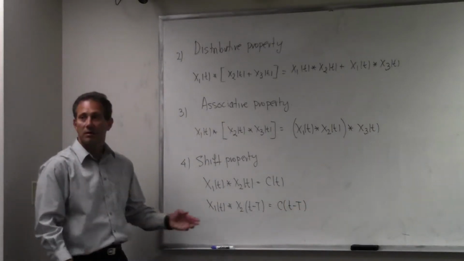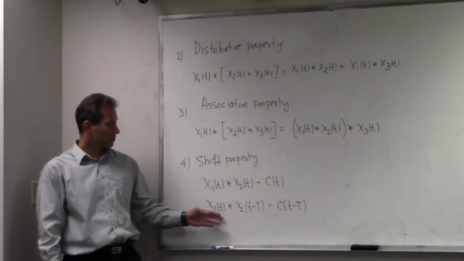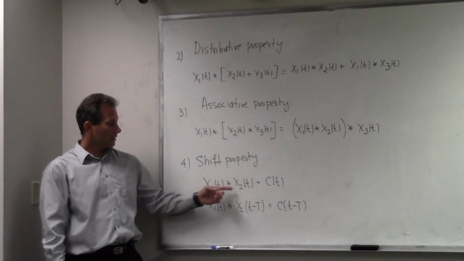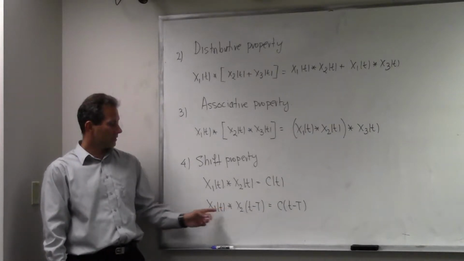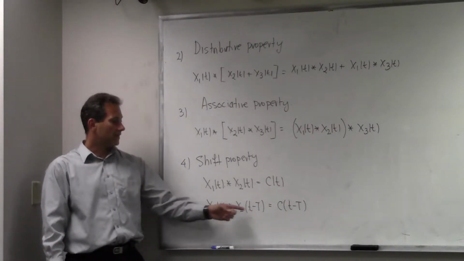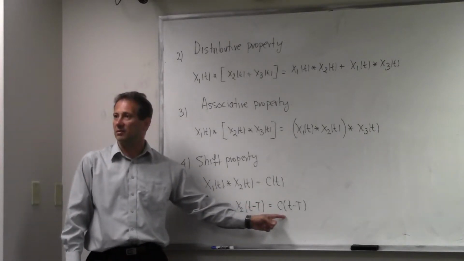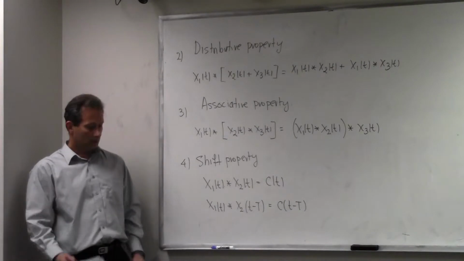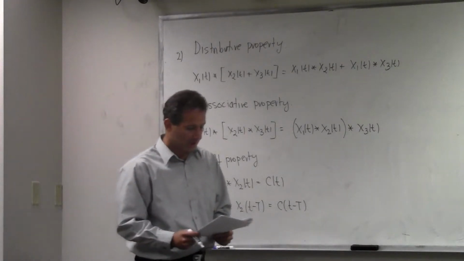It's a linear operation. Remember, this is a linear system. Superposition holds. So if I take the second signal, let's imagine that this is an input, and this is an impulse response. If I delay input by T, the output is going to be delayed by the same T, right? So it's relatively easy to understand in settings of the linear system.